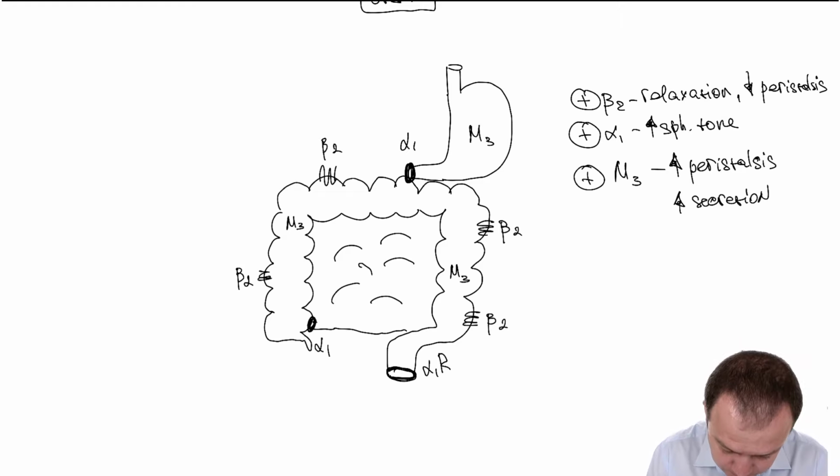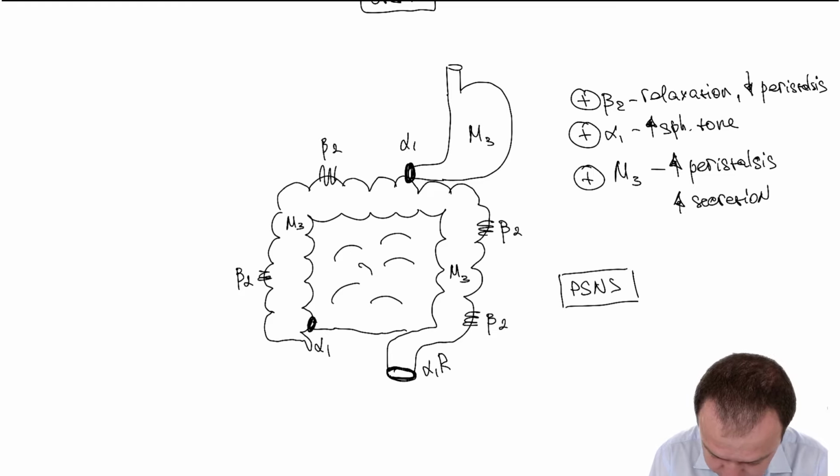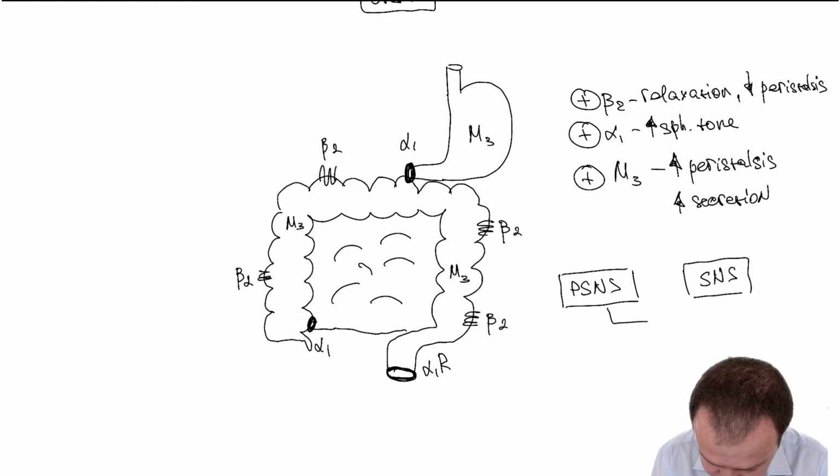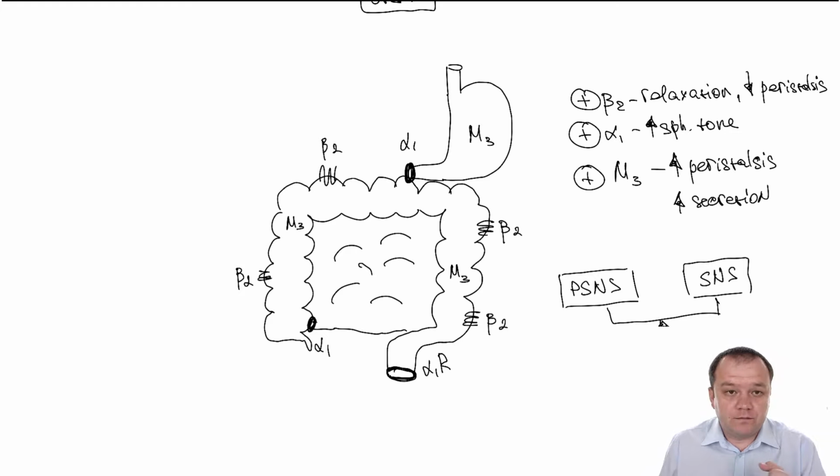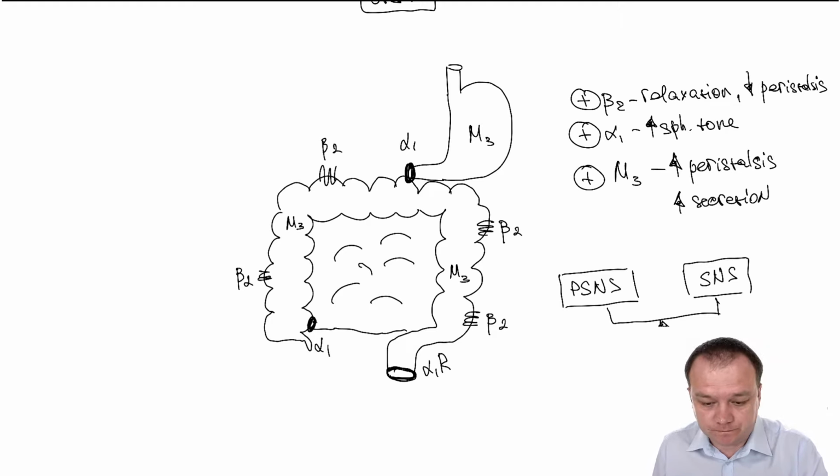We should understand that innervation here is a kind of balance between the sympathetic nervous system and the parasympathetic nervous system. So if we have activation of the sympathetic nervous system, we have inhibition of the parasympathetic nervous system.